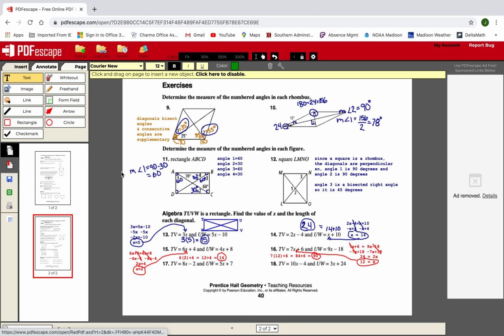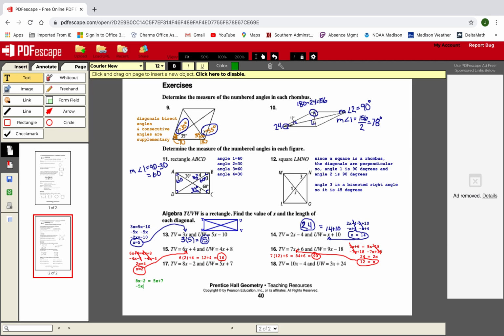Okay. For 17, we are starting with setting our equations equal to each other. So I am starting with 8x minus 2 equal to 5x plus 7. So I'm going to subtract 5x from both sides, and in doing so, I'm moving my x's to the left.